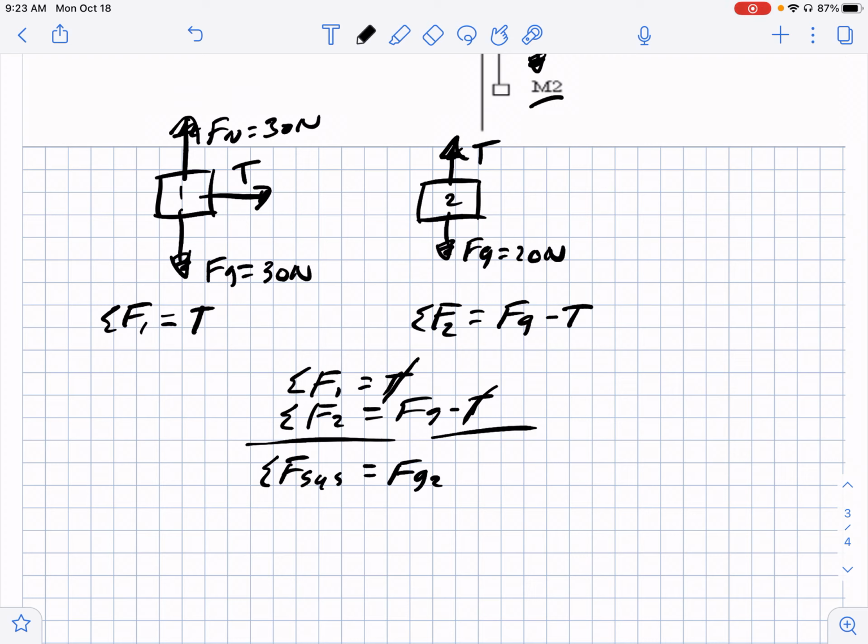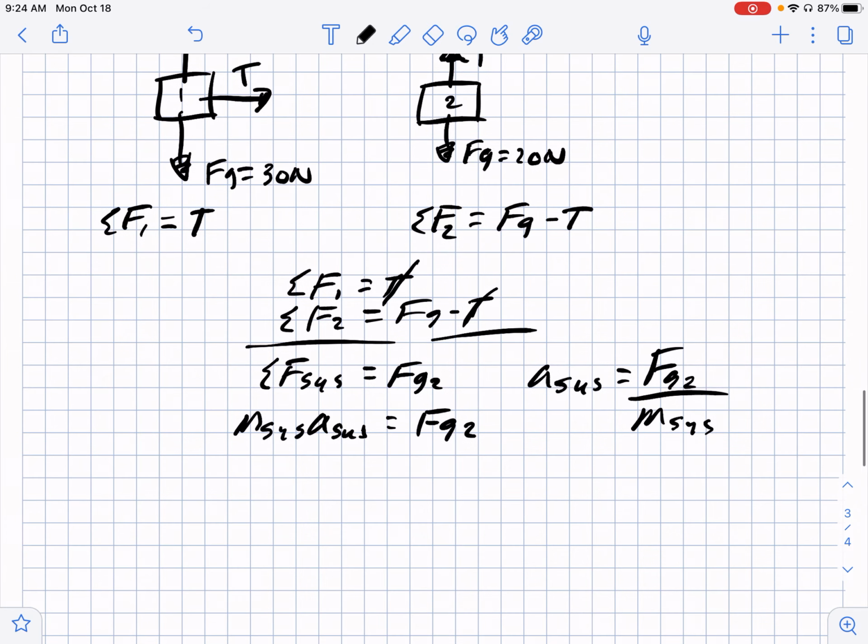Now we can solve for the acceleration of my system. So the mass of your system times the acceleration of your system is just equal to the weight of block 2. So the acceleration of my system equals the weight of block 2 divided by the mass of your system.